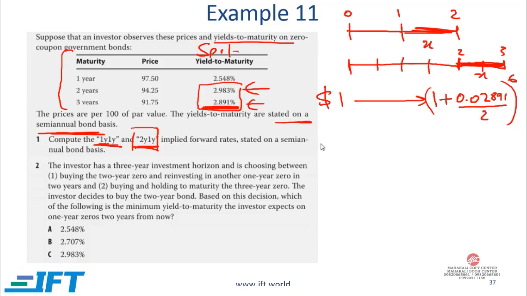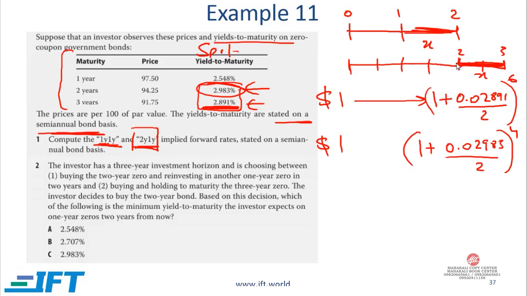How much will $1 become at the end of 2 years, which is 4 periods? It will become 1 plus, and then you take this rate, 0.02983 over 2, and then this to the power of 4. This is how much you will have at the end of 2 years.